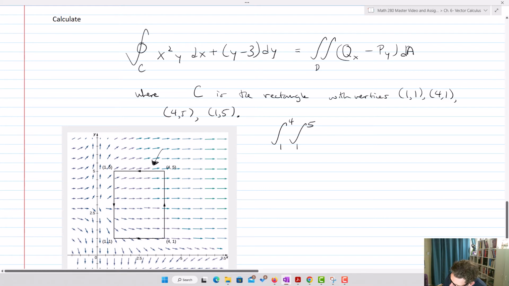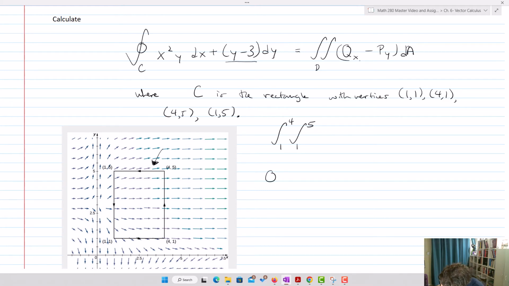So I look at qx. q is y minus 3, so qx is going to equal 0. And py is going to equal x squared, because p is x squared y.